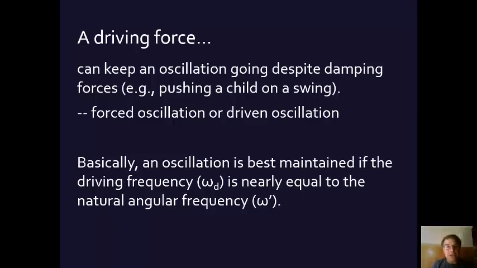So that sweet spot when you're in a swing, moving your legs or pushing someone in a swing, is where our external force of our legs or of our hands is just about the same as the natural frequency of the back and forth in the swing. That's going to be the maximum amplitude. And we call that resonance.